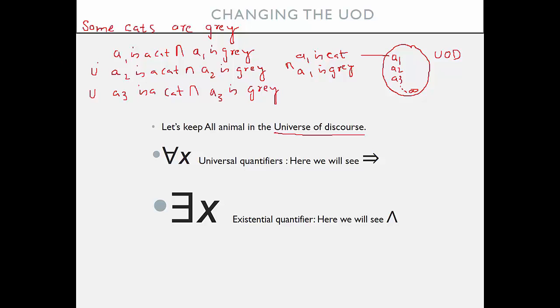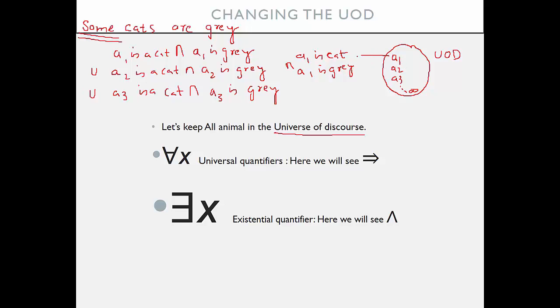So you might be wondering why this or is between these statements. The reason is this word some, which means that anyone could be gray. Either A1 could be a cat and A1 could be gray, or A2 will be a cat and A2 is gray, or A3 is a cat and A3 is gray, or A1, A2 both are cats and they are gray.